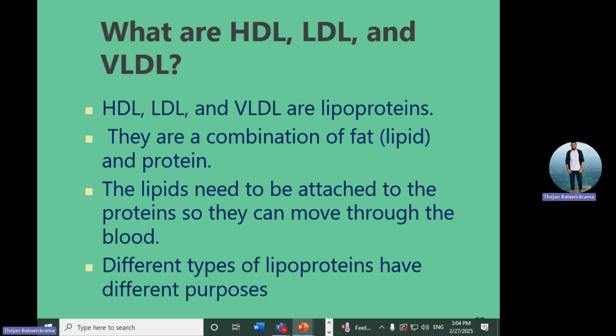Depending on the type, their properties are different, and their functions and actions in the body are also different.